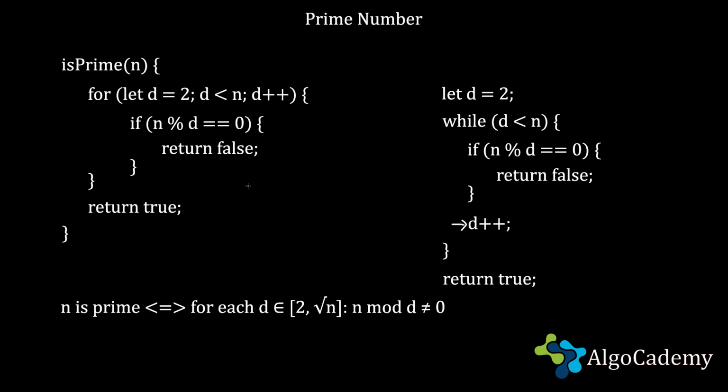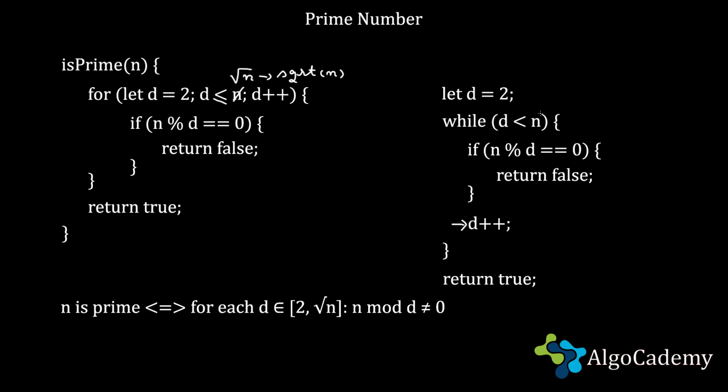This means that instead of trying out each and every integer between 2 and n minus 1, we can limit our search to trying out each and every integer between 2 and the square root of n, right? For example, in C++, it is sqrt of n, and so I think it is in JavaScript.